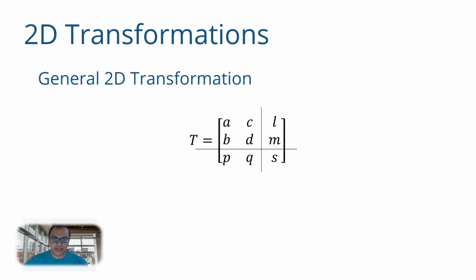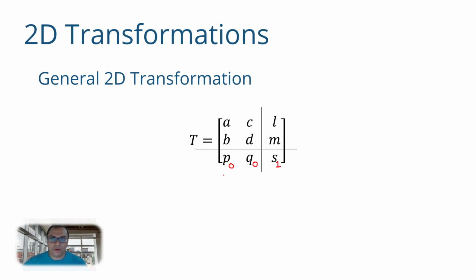In general, a 2D transformation can look like this with homogeneous coordinates. We will have A, B, C, D, and L, M, and for affine transformations, we said that this last row was always 0, 0, 1. But for the general form, they need not be 0, 0, 1.